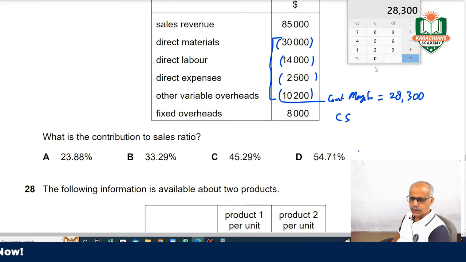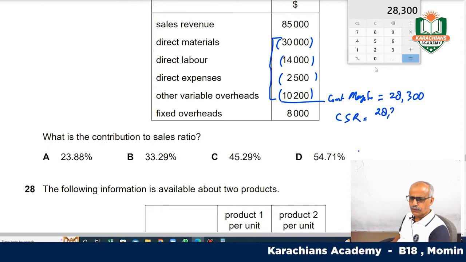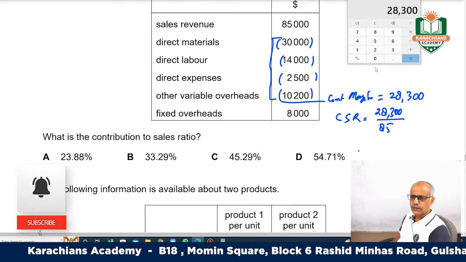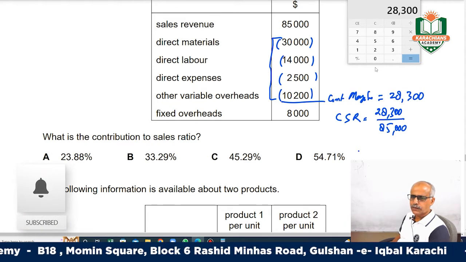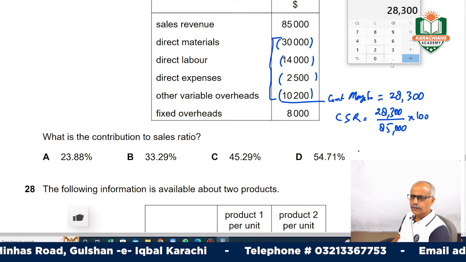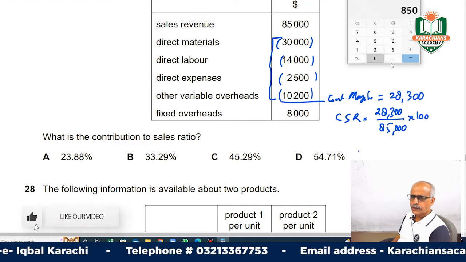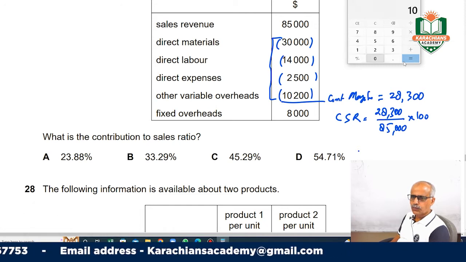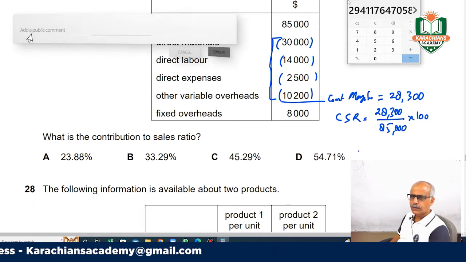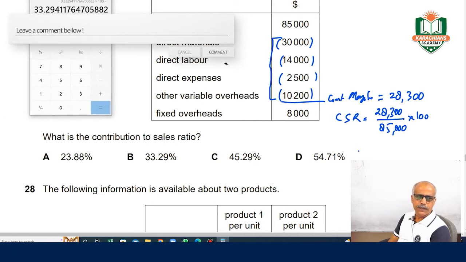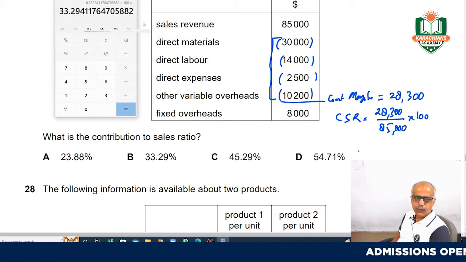Contribution to sales ratio will be your contribution margin, 28,300, divided by your sales, 85,000, into 100. This is 33.29%.